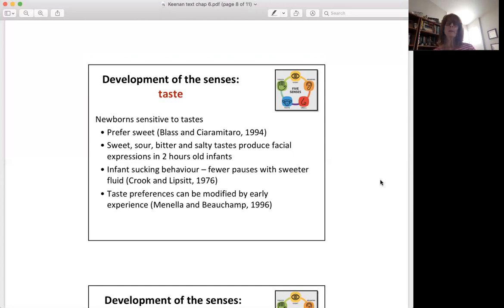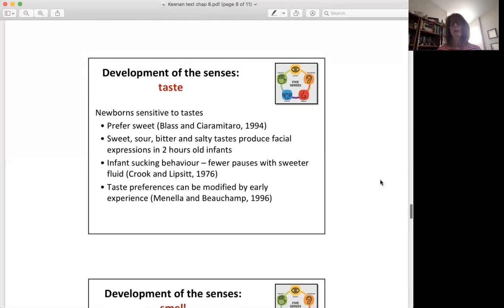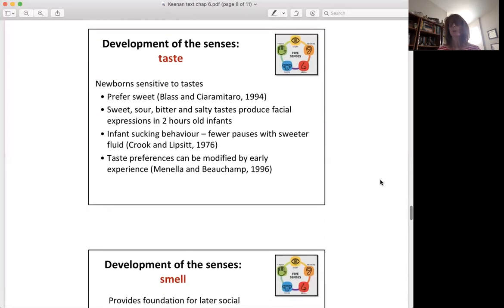So that became the notion of identifying it as a preference. And taste preferences can be modified through early experience. Depending on what you're feeding your infant, you can have them develop a taste preference early on.